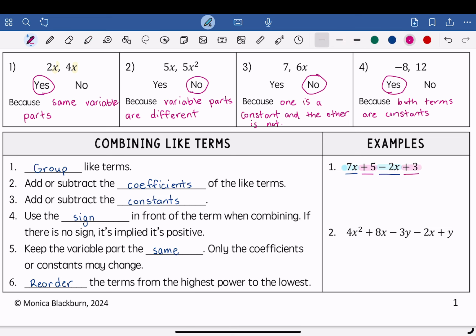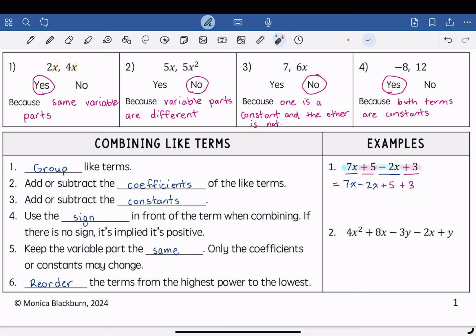So to group them, I'm going to rewrite them, but place together. So 7x minus 2x plus 5 plus 3. So I've grouped them here. The 7x and negative 2x, I've grouped them here. And then positive 5 and positive 3, I grouped them here.